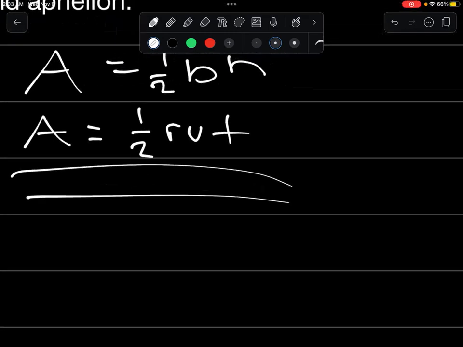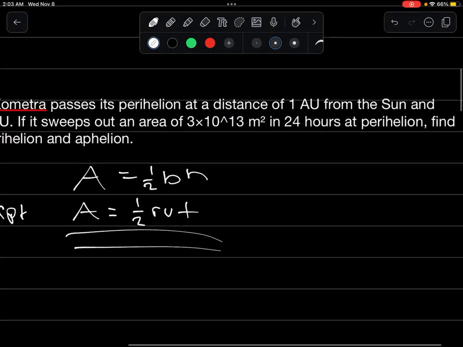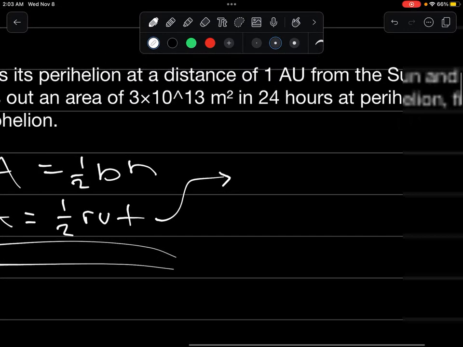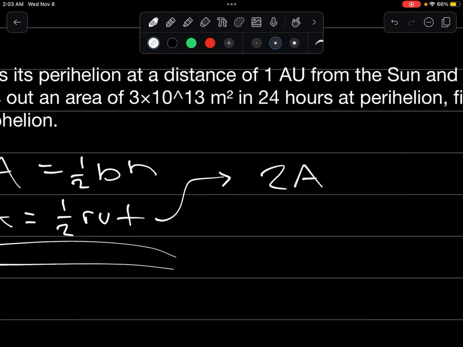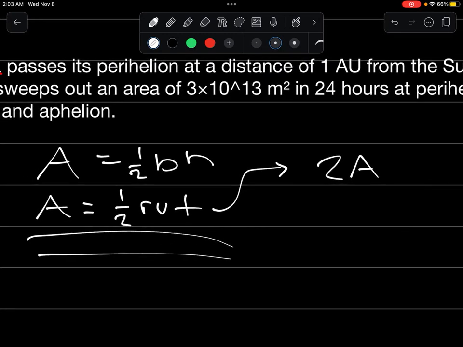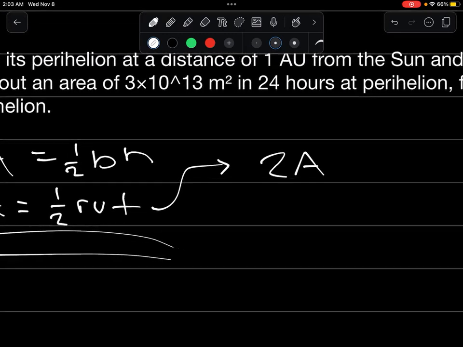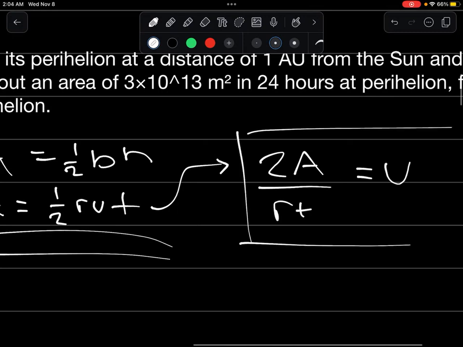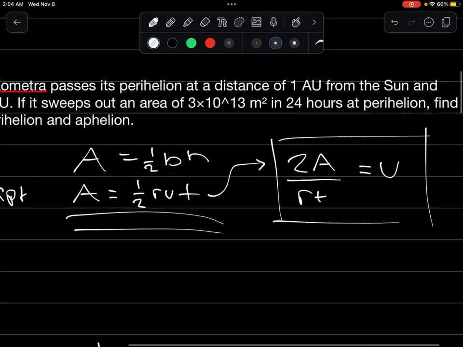All of you have taken algebra now, you know how to isolate quantities, but I'll work it out for you quickly. You want to multiply the 2 over, so you get 2A equals r v t, and then in order to isolate v, we divide by r and t to get v. And this right here will be your formula for orbital velocity, right?